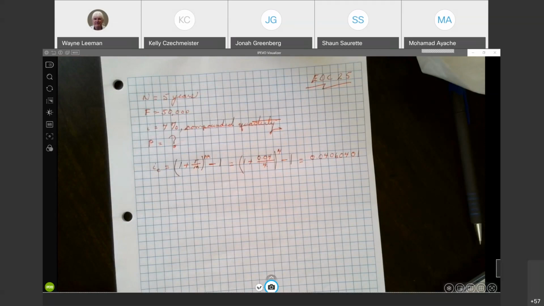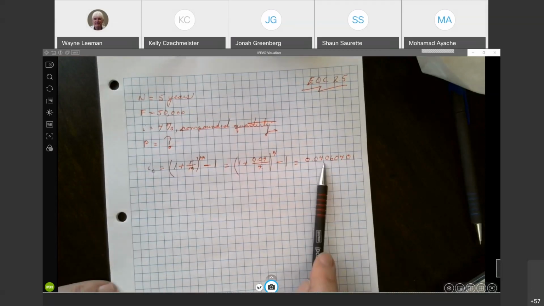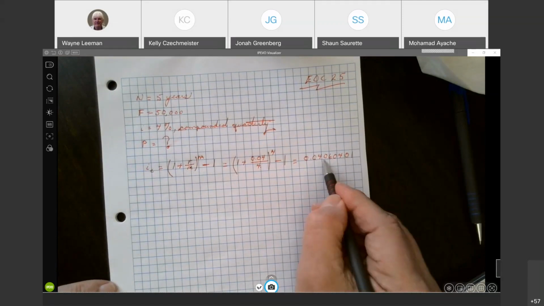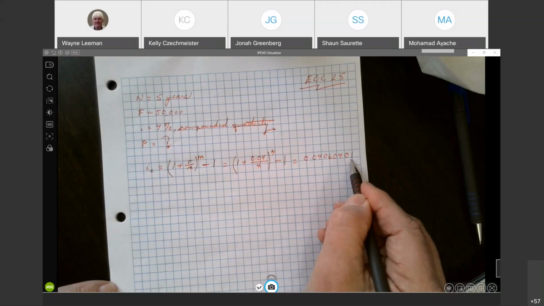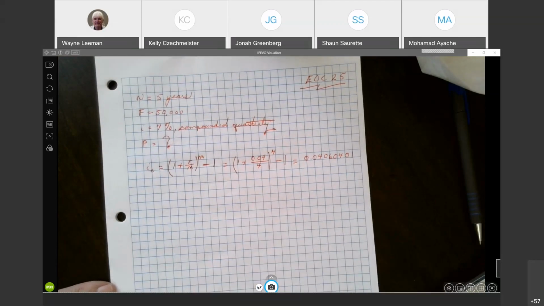Otherwise, you're truncating earlier than you need to, and you'll get wrong answers because it adds up. If you were to terminate and say, well, let's just call that 0.04, therefore 4% is the answer, and I'm going to work the rest of the problem, then you're ignoring this component which contributes to your answer.